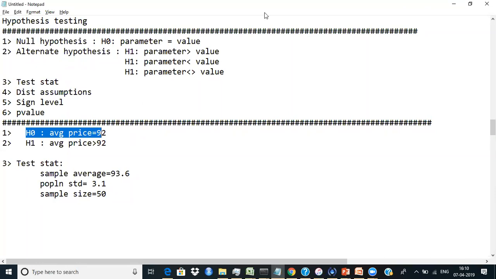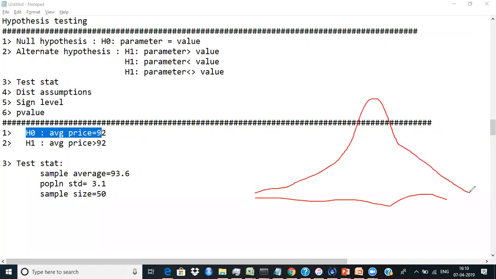If the null hypothesis is true and petrol prices are indeed normally distributed, petrol prices will follow a bell curve, and the bell curve is centered around 92 according to the null hypothesis.